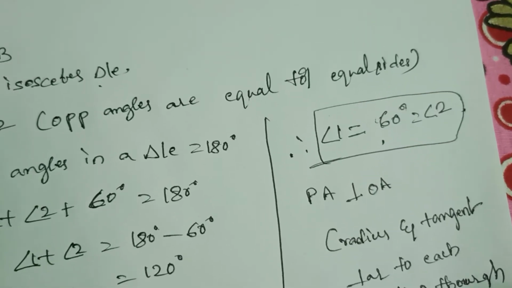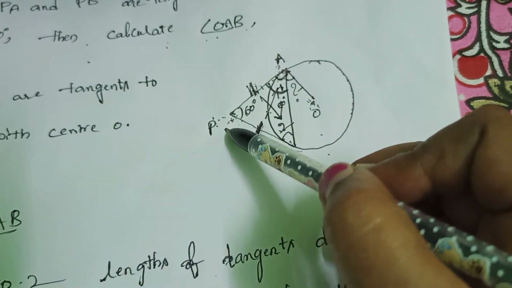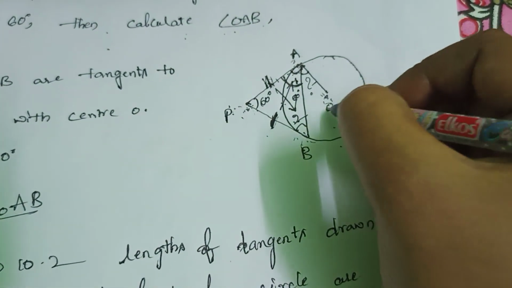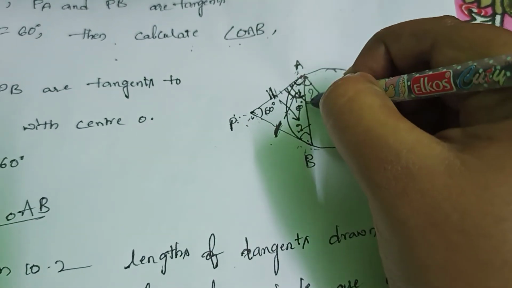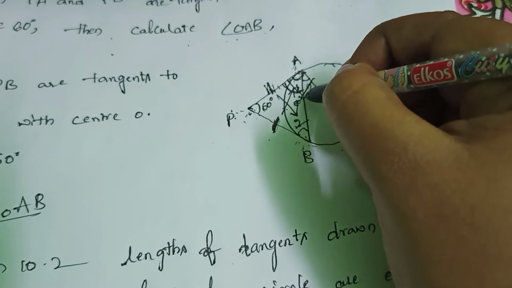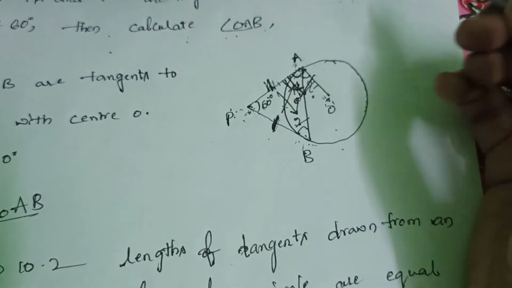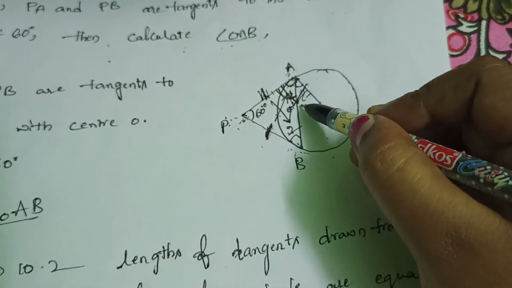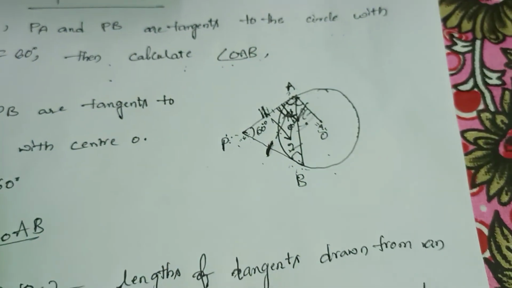So angle OAP equals 90 degrees. Angle OAP, total angle at A, equals 90 degrees. We know angle 1 is 60. Here we have to find angle OAB. The remaining angle is 90 minus 60.